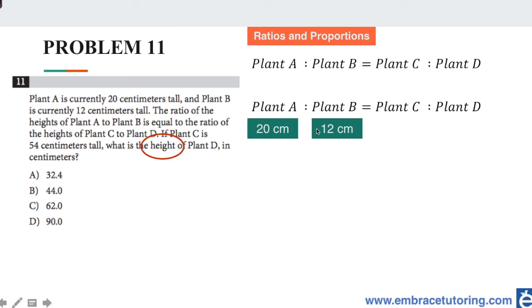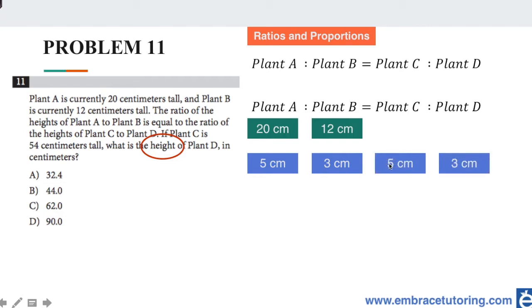Now, theoretically, if I was to break these up into the smaller units of what they both go into, I see these both go into 4, or 4 both go into them is probably the better way of putting it. Now, 20 divided by 4 is going to be 5, and 12 divided by 4 is going to be 3. What I'm doing here is trying to simplify what is the smallest unit that each of these go into, because this is then going to be my same ratio here.